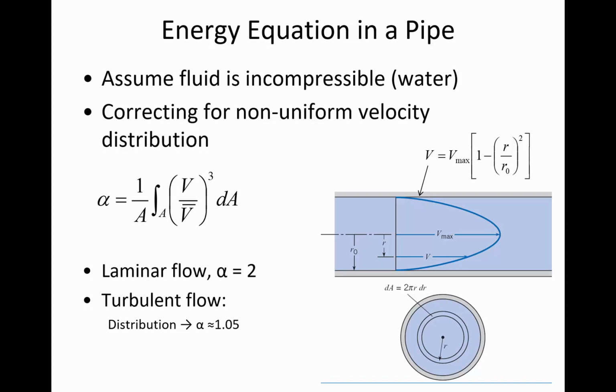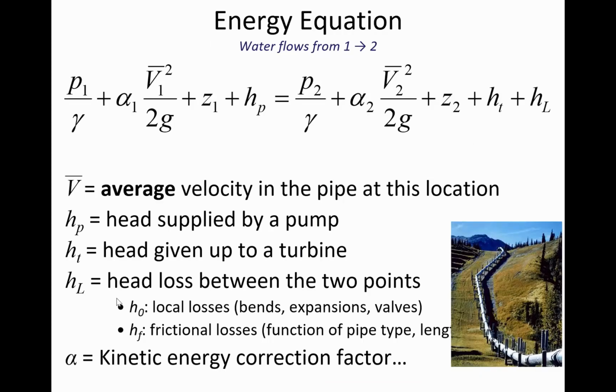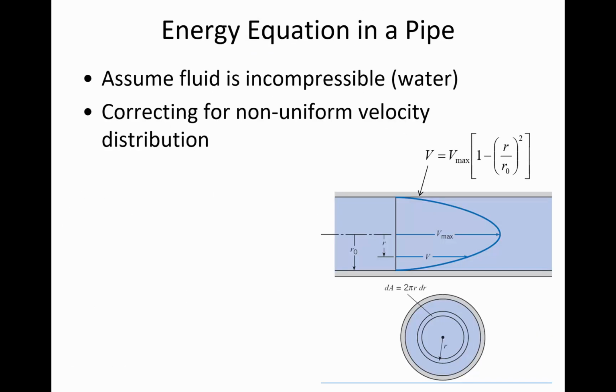I wanted you to be aware of it and why it's added. And if you're really going for precision, then the kinetic energy correction factor would be included in calculations using the energy equation. But don't be alarmed if you just see the alpha kind of off the equation entirely. Sometimes the alpha term isn't even included because 1.05 is so close to 1.